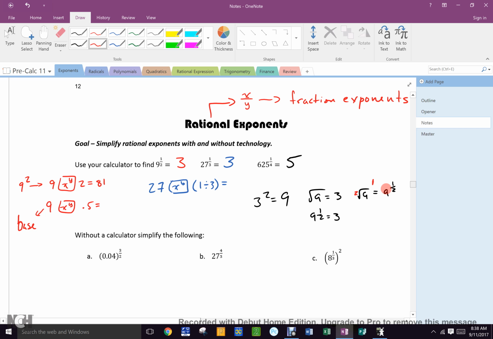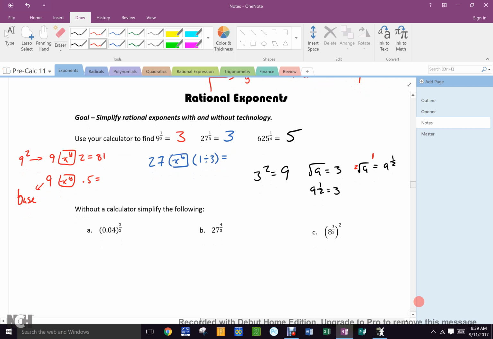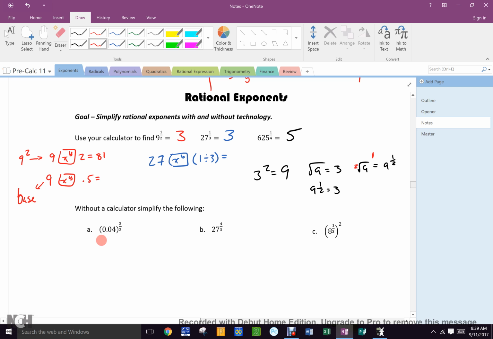The base over here becomes the radicand in here. The denominator becomes the index, and the numerator becomes the power. So when we get to this situation here, we should be able to rewrite it and figure it out without a calculator, shouldn't we?